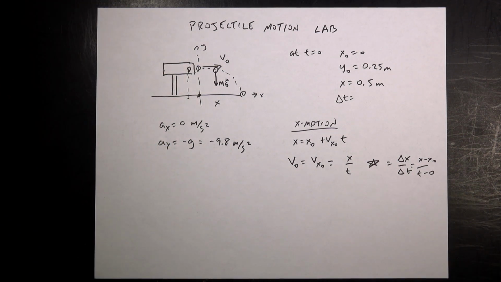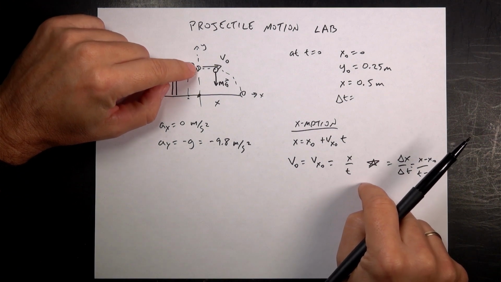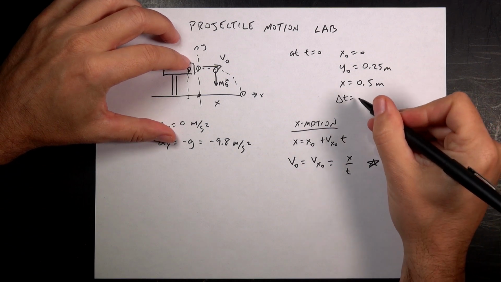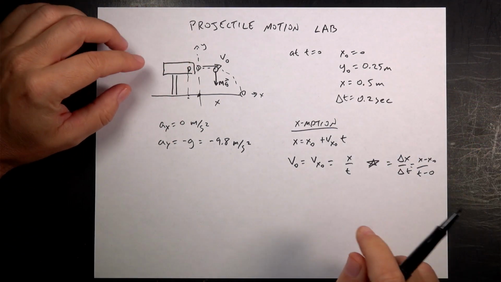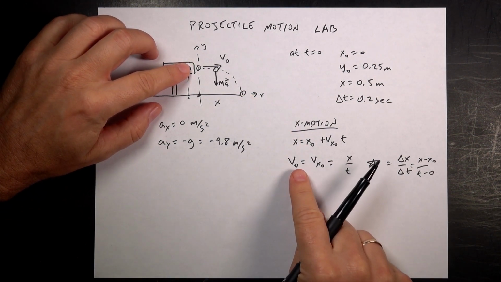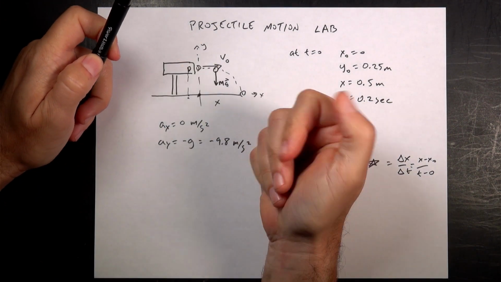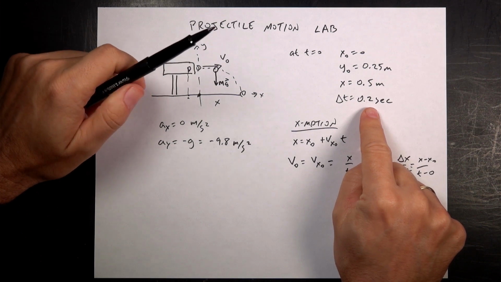So suppose I measure this time. Suppose in real life the time is 0.2 seconds. I'm just making up a number. Let's say delta t is 0.2 seconds, and you timed this with a stopwatch. You could get the velocity. But the problem is that if I time that with a stopwatch and go start, stop, I'm going to get a wide range of values, right?